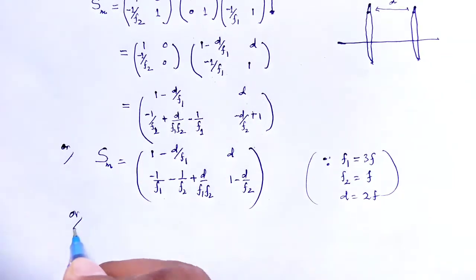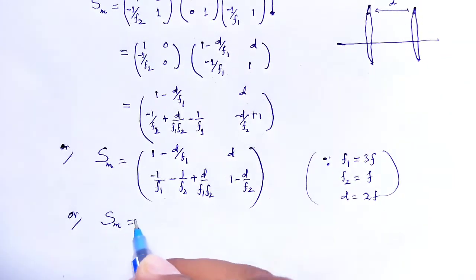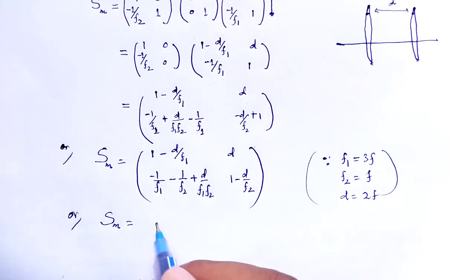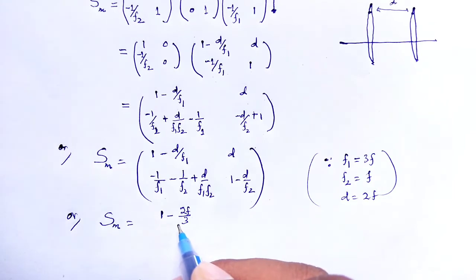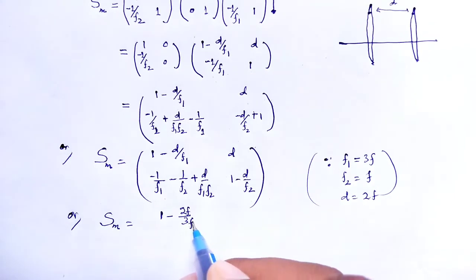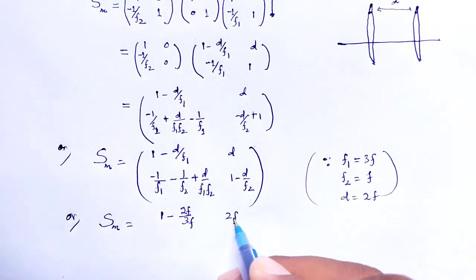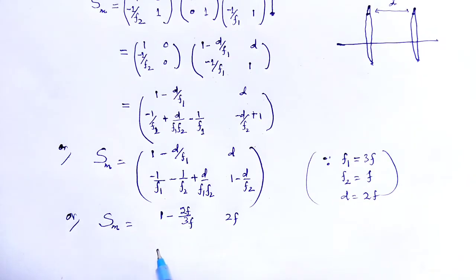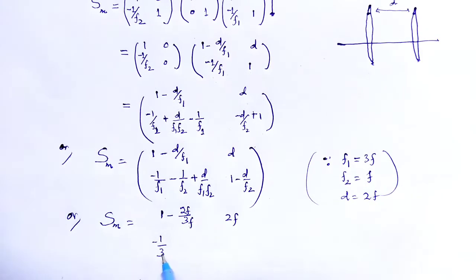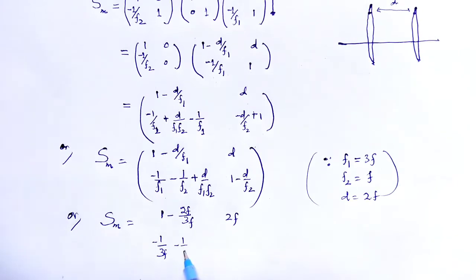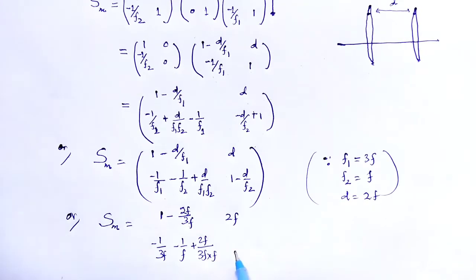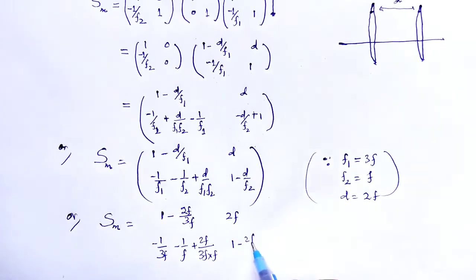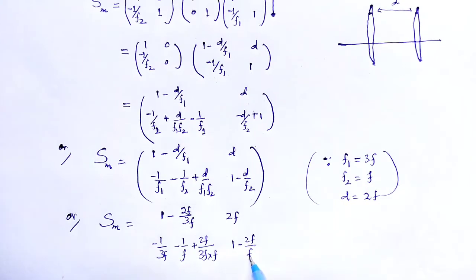So we have the system matrix SM: 1 minus 2f by 3f, and 2f; minus 1 by 3f minus 1 by f plus 2f divided by 3f into f, and 1 minus 2f by f.